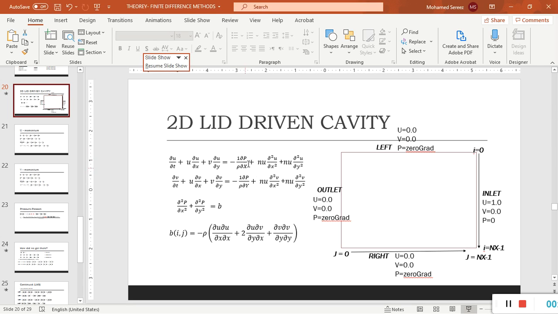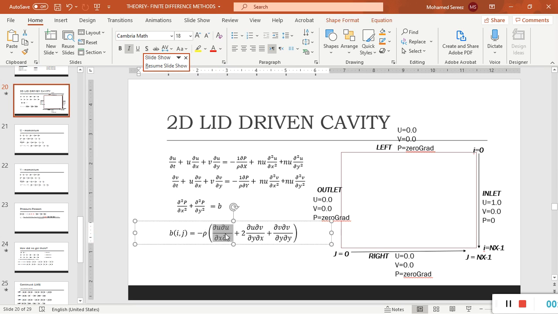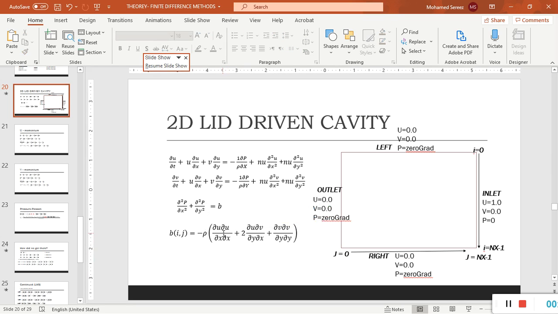The pressure gradient has to be discretized using the central method, and also these terms that appear in the source values for the pressure Poisson equation have to be discretized using the central difference approximation.